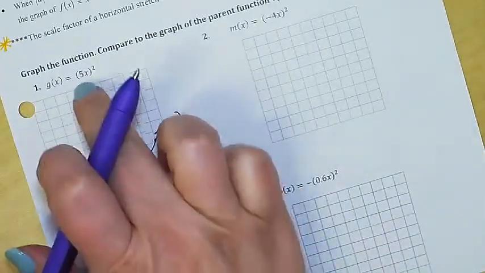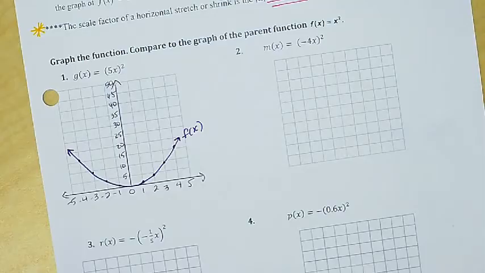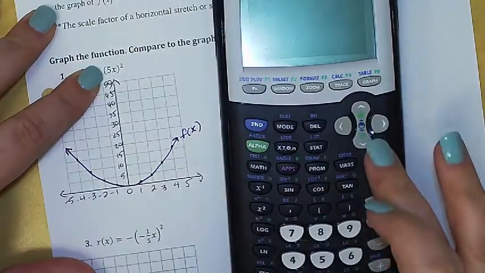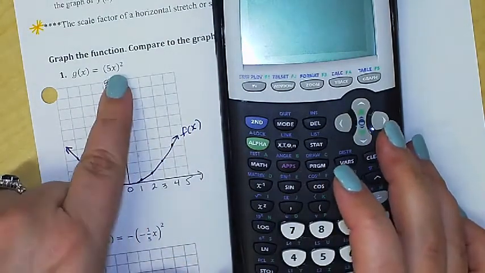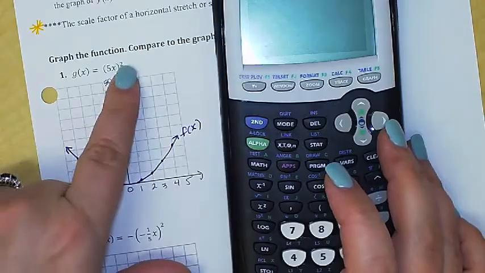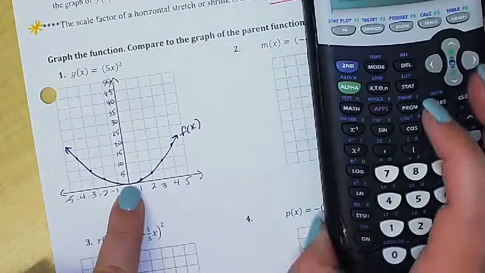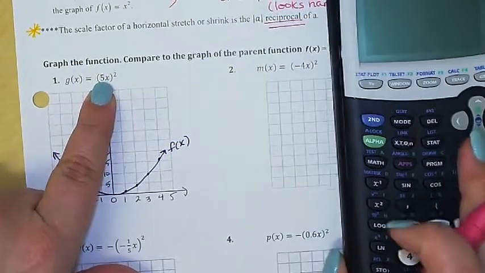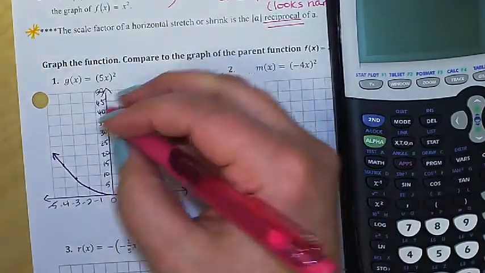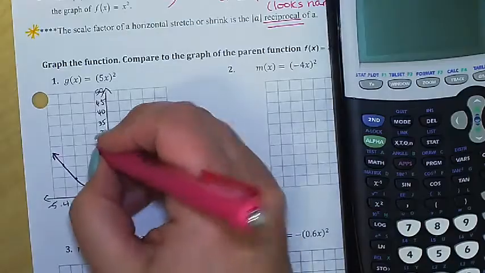Okay. Now let's compare how that looks compared to this guy. And you're welcome to use a calculator. But the big thing is we would multiply our input first and then square it. So if I start at 0, 0 times 5 is still 0. 0 squared is 0, so we're good there. But then when I plug in a 1, I'm going to do 1 times 5 first and then square that. So I'll be all the way to 25 right away.